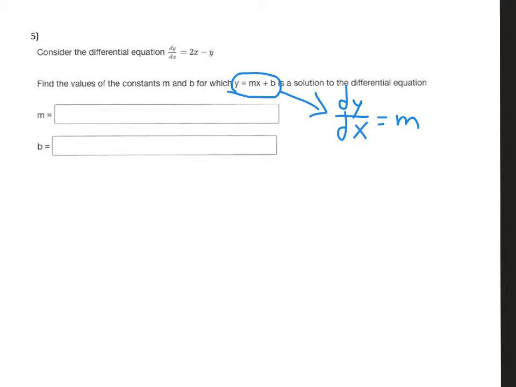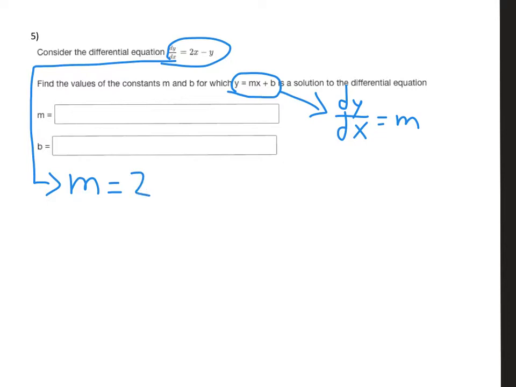So I can take this equation and think about this. Well, this means, come over to the other side, dy dx is m equals 2x minus y. But y is mx plus b.